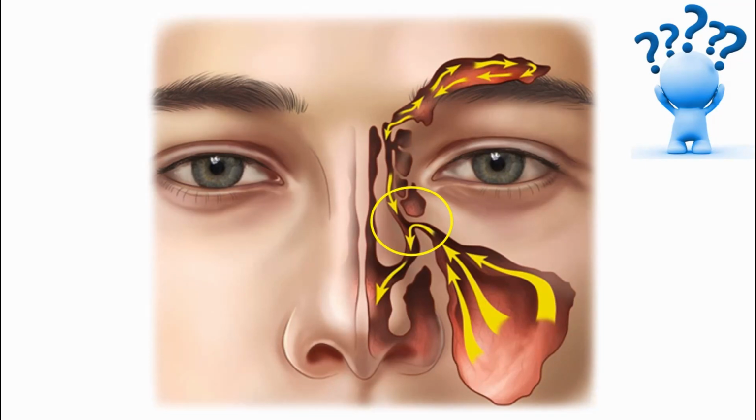Therefore, if there is any inflammation or fluid or pus, it is going to accumulate in the sinus and is going to cause lots of pain and discomfort. It is not drained at the most dependent part, and you can see that the opening is in the middle meatus, and it is in the superior part of the sinus.